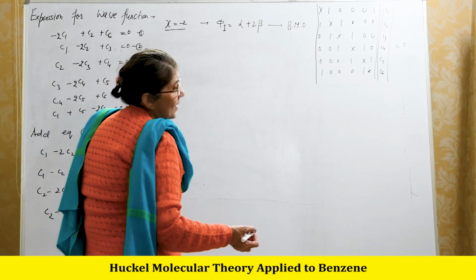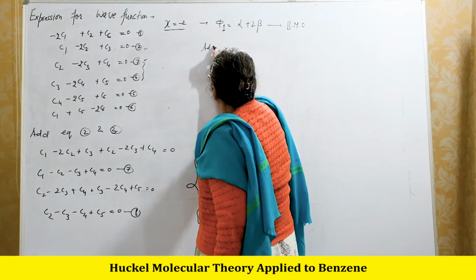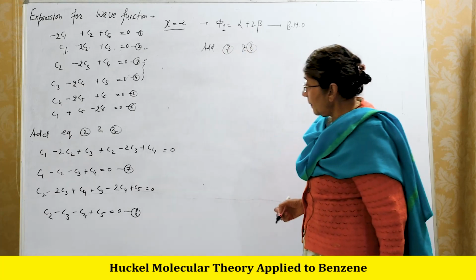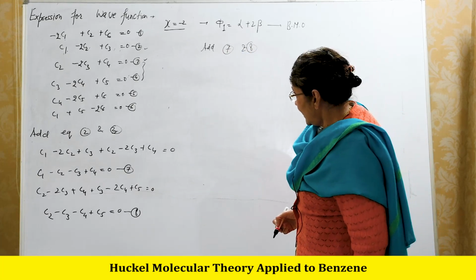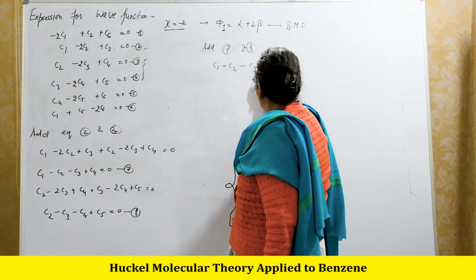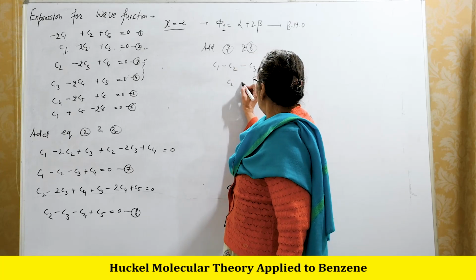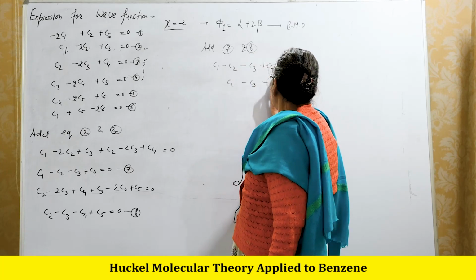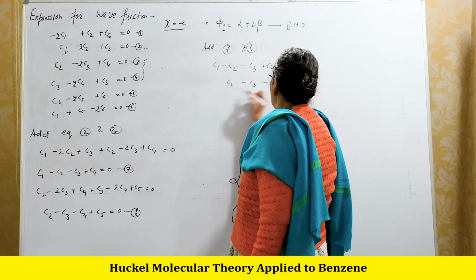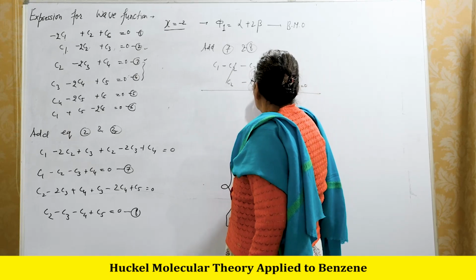Add 7 and 8. So when we add 7 and 8, then minus C2 minus C3 plus C4 and C2 minus C3 minus C4 plus C5, we get this and this.